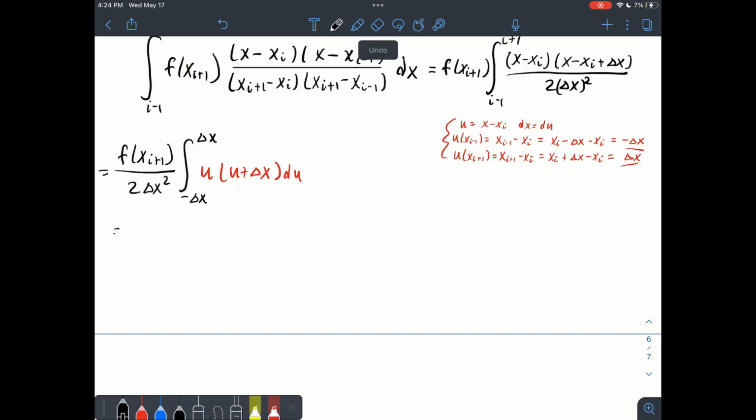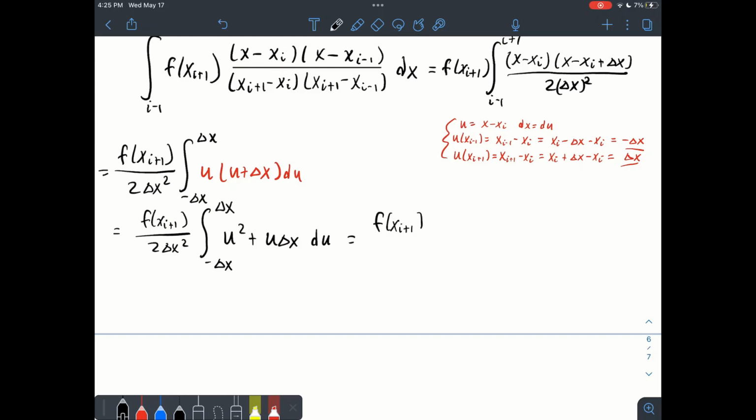I'll write this down here. f of xi plus 1 over 2 delta x squared times the integral from negative delta x to positive delta x of u squared plus u delta x du, and this is equal to f of xi plus 1 over 2 delta x squared. No, we're done integrating, right? Or we've integrated. 1/3 u cubed, 1/2 u squared delta x from negative delta x to positive delta x.